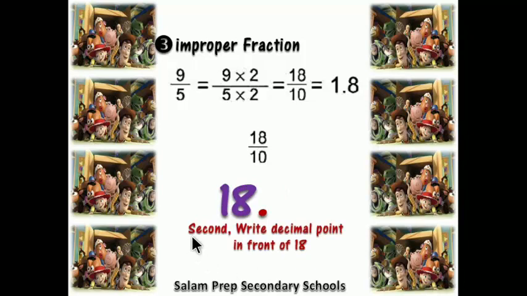Second step, write the decimal point in front of 18. In front of 18, write the decimal point like this. The third step, move the decimal point backward. Move to the left.